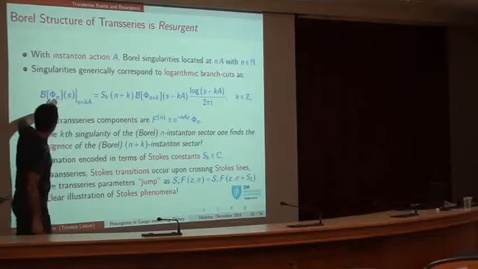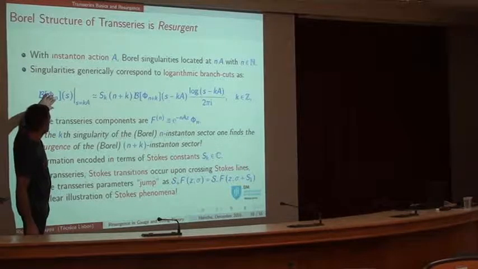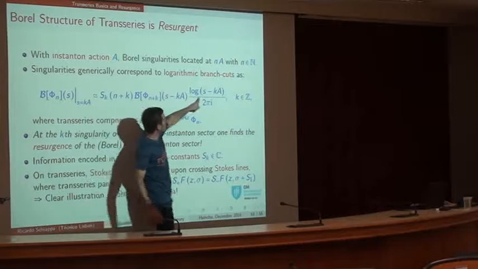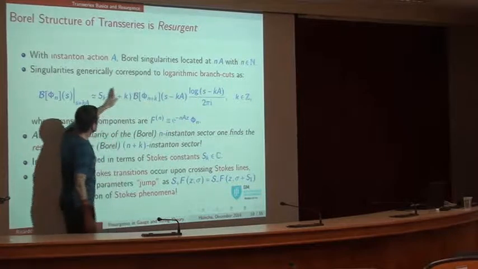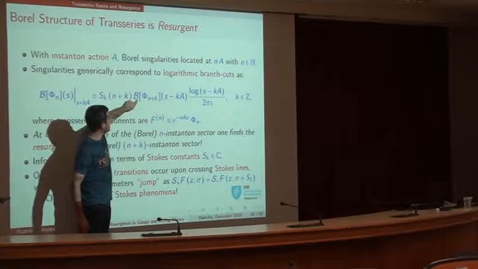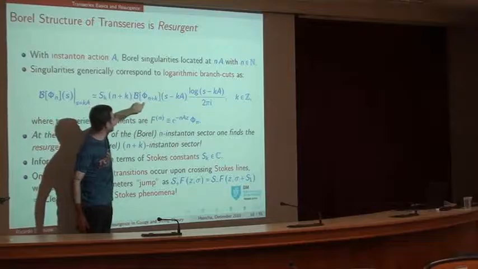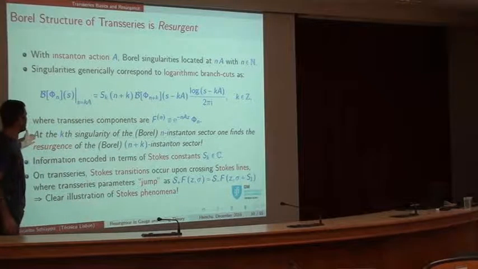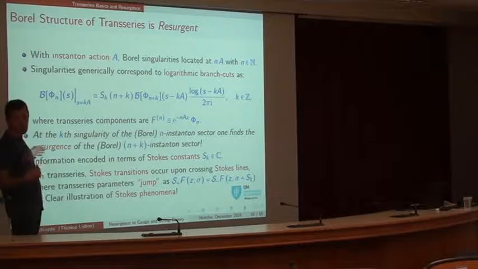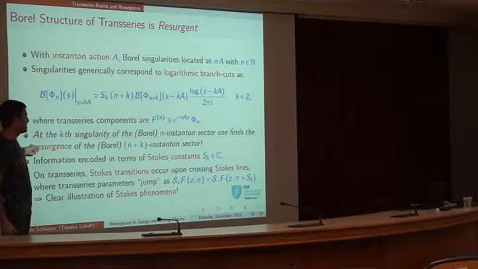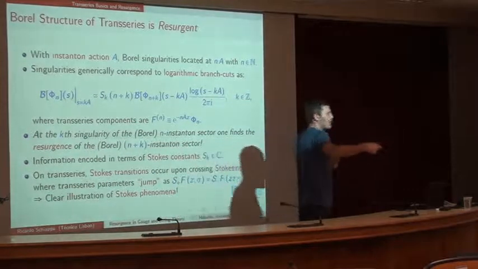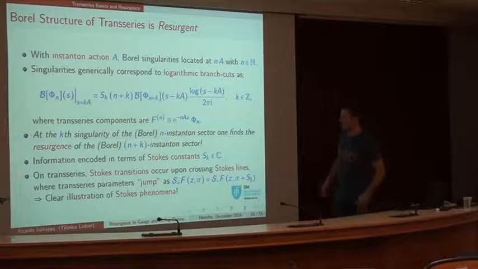And the Borel singularity of the n instanton sector at the kth singularity will have a logarithmic branch cut whose coefficient in front will be a number, we'll get to this number later, but it makes appear the Borel transform of the nth plus k sector. So we can see that at the kth singularity of the n instanton sector, one finds the resurgence of the nth plus k instanton sector. So if I'm just looking at different singularities of a fixed sector, I will see all others hidden in there.